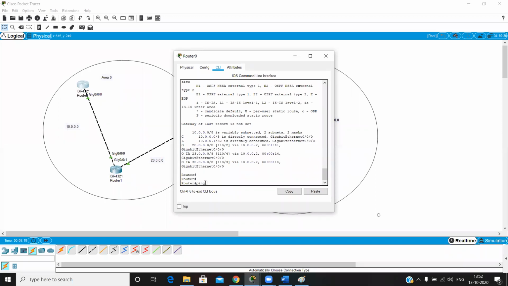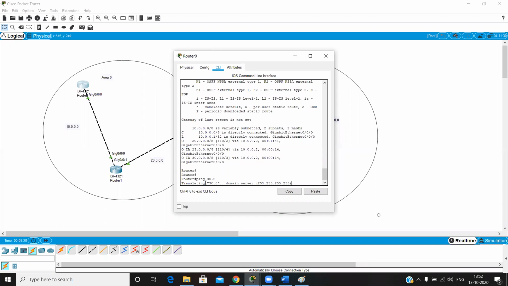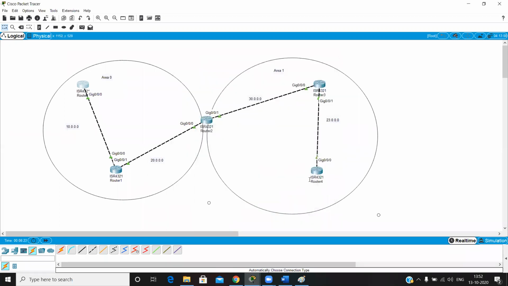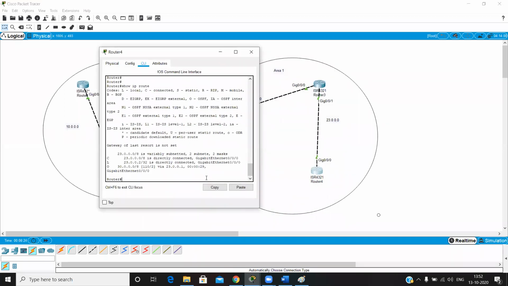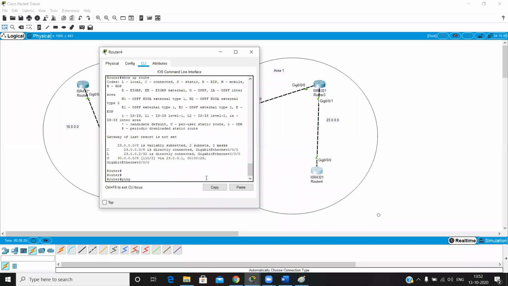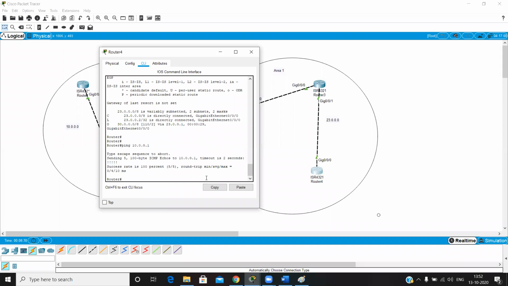If I want to ping 30.0.0.2, sorry, from here, router 0 ping 10.0.0.1. Ping is successful. So this one is our ABR practical.